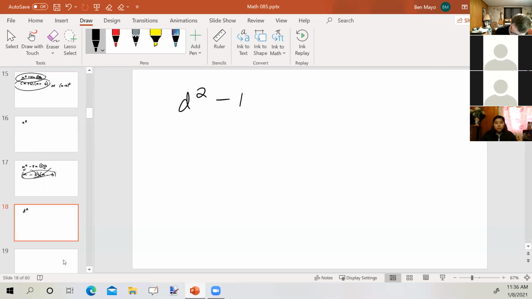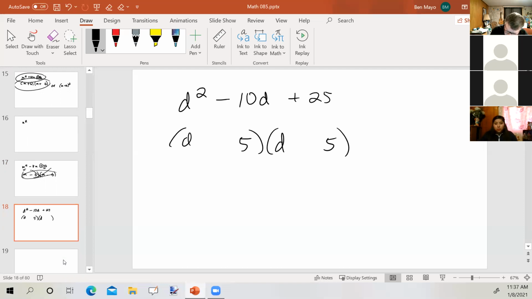Okay, d squared minus 10d plus 25. Well, that starts with a square up front, ends with a square at the rear. If it's a perfect square, the signs in the middle have to be identical. They'd either have to be plus times plus or minus times minus.